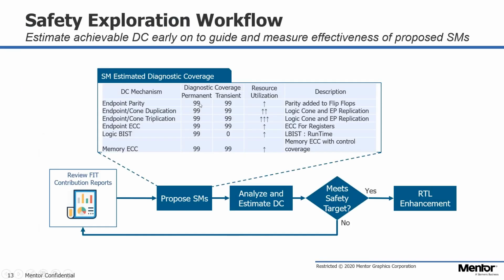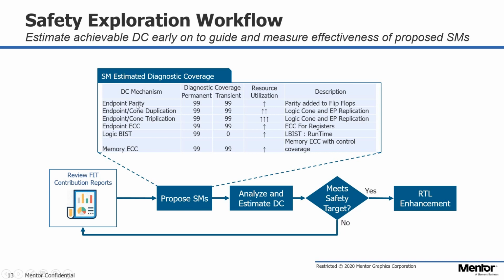You can define safety mechanisms with their according diagnostic coverage and can adjust those to your according design hierarchies and instances. And then the calculation can be done again, and then you can check: do you meet your safety goals or not? And this is a key aspect, so you can run what we call what-if analysis.